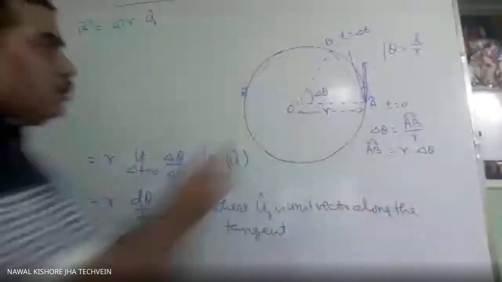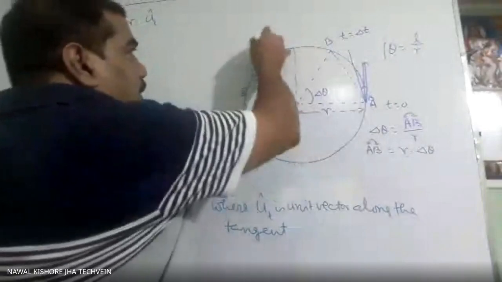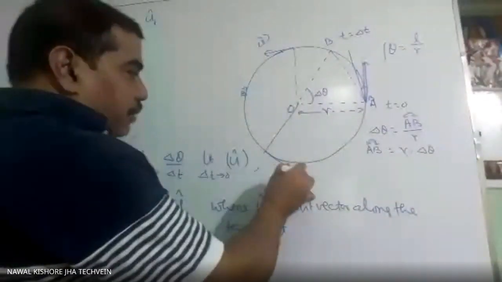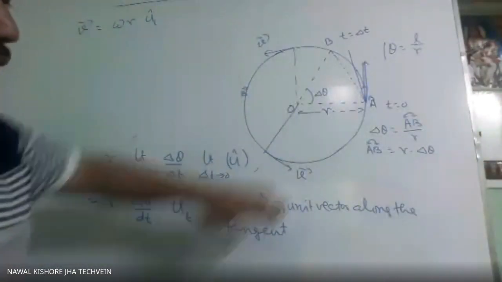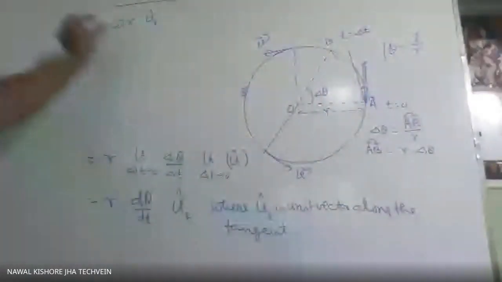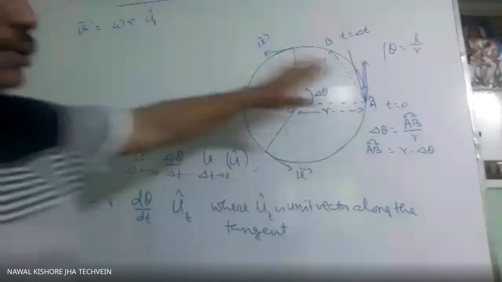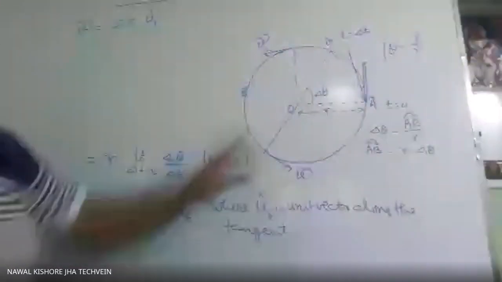When the particle reaches this point B, the tangent is like this, so this is the velocity. If angular speed is constant, omega is same, the magnitude of velocity is same. Everywhere the velocity will be the same, but the direction will keep on changing.